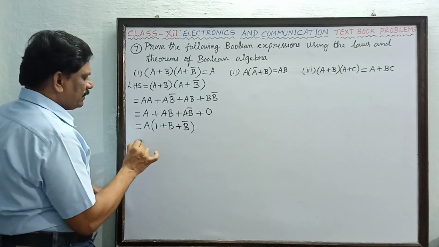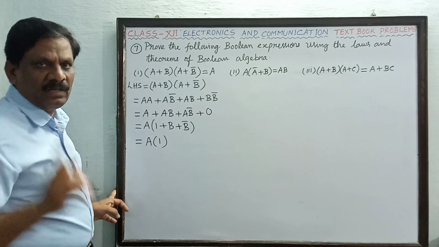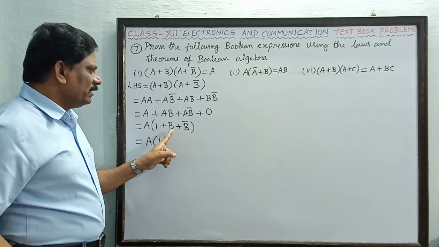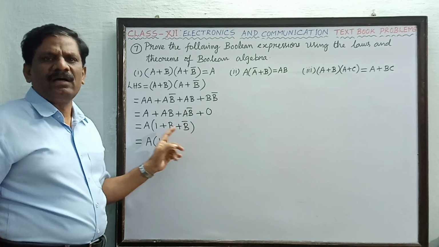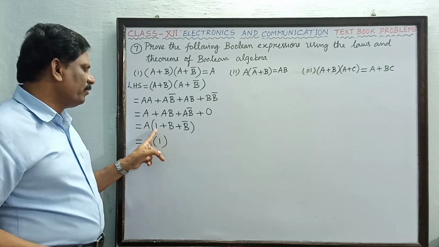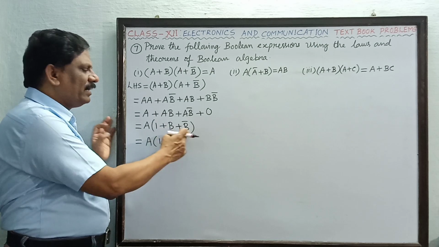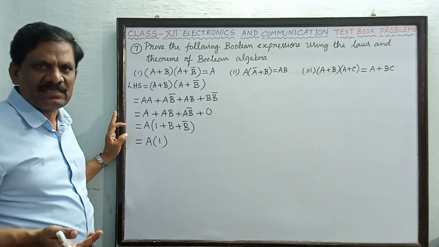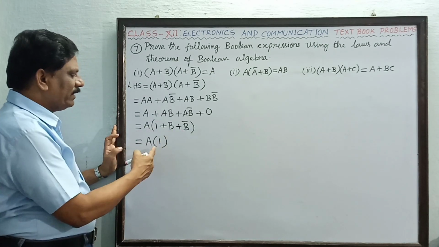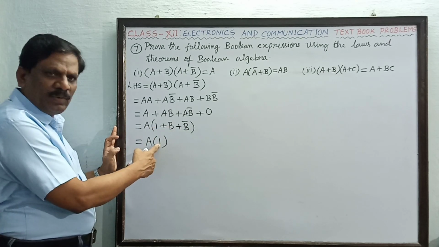So this is now equal to a into 1, because depending on the values of either b or b complement, already it is taking a value 1. So if it is a high state, with the high state, if you add 0 or 1, it makes no difference. Already it has attained a high value. Therefore the term 1 plus b plus b complement must be equal to 1 itself.